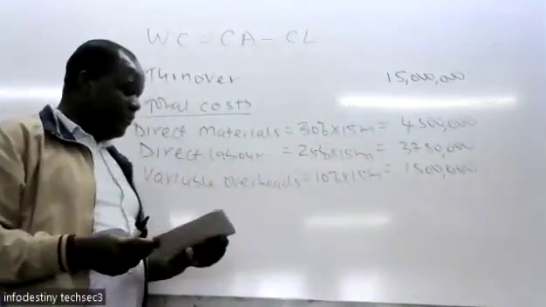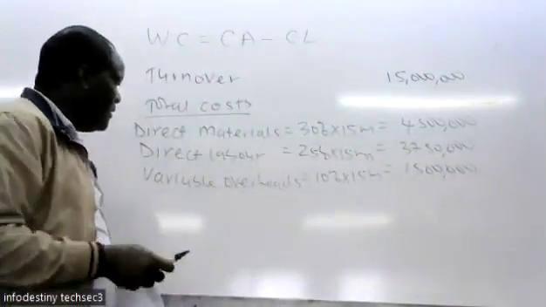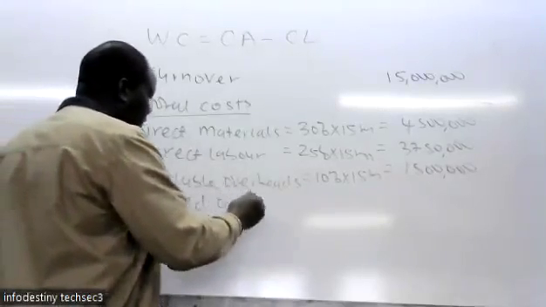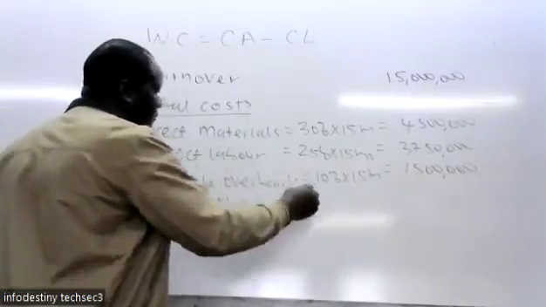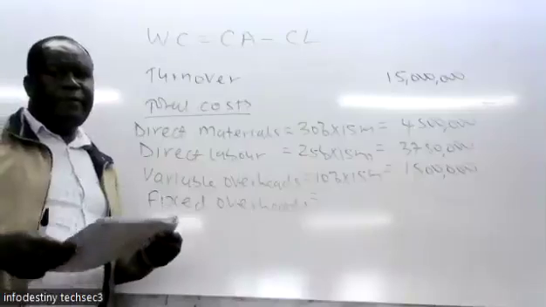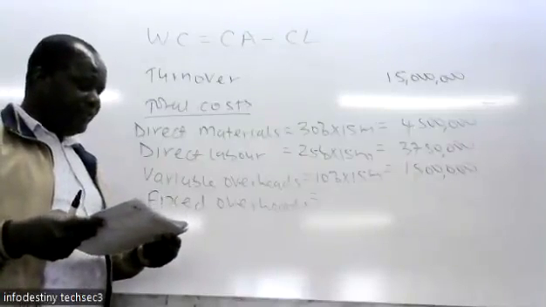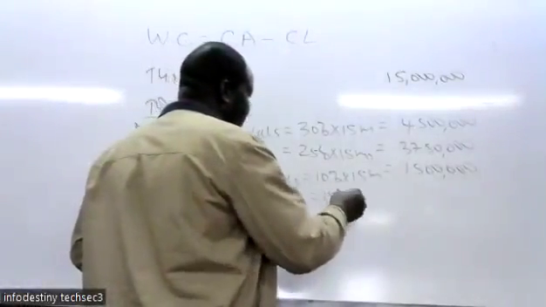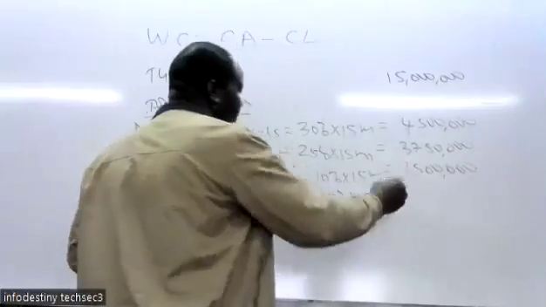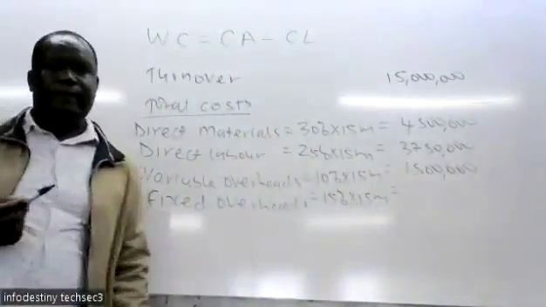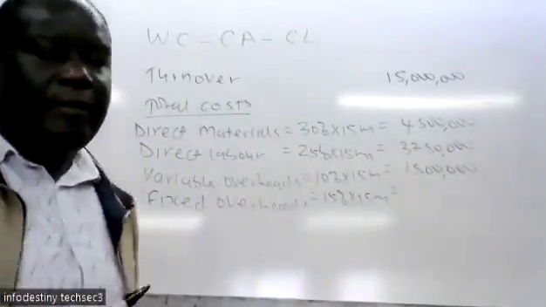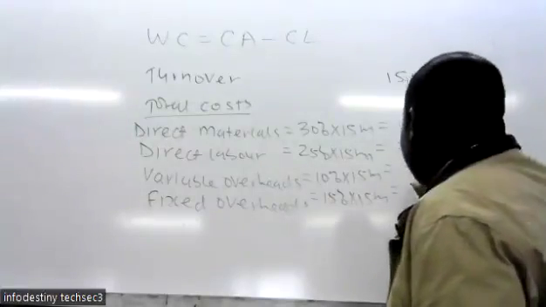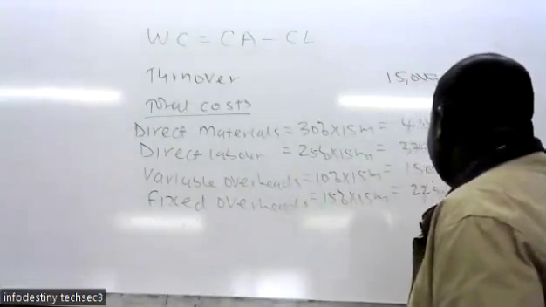The next one should be fixed overheads. For the fixed overheads, it is what percent? 15% of the 15 million, which is 2.25 million.